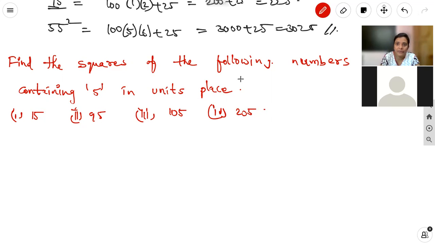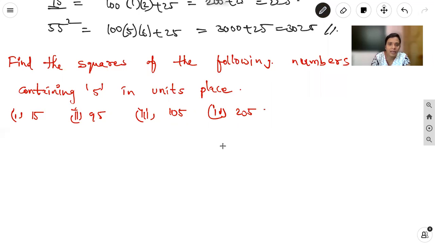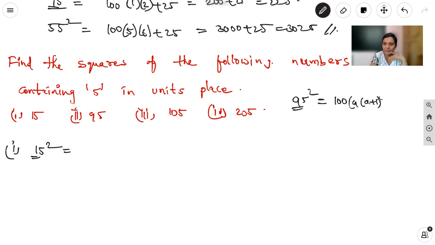See here, 15 square. 15 can be written in the form A5. A5 square means A is in the tens place, whatever the number is there except the units place. That is 100 into A into A plus 1, plus 25.